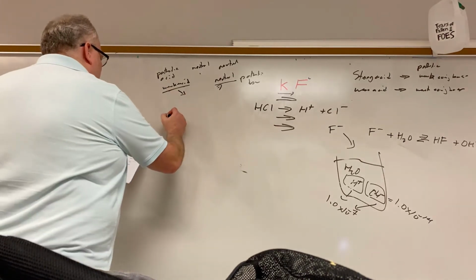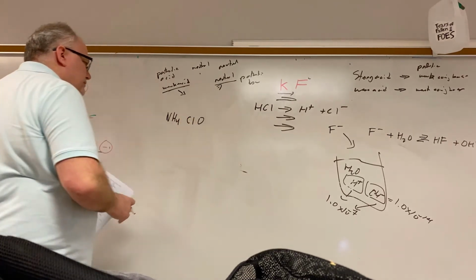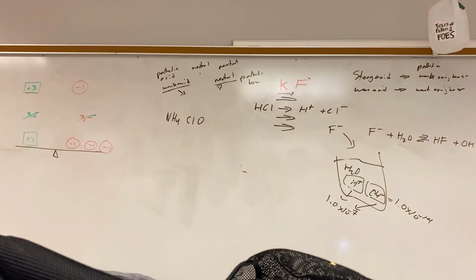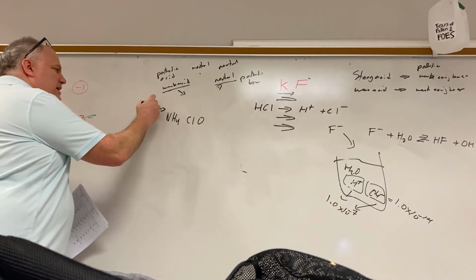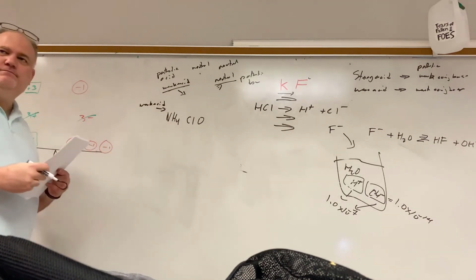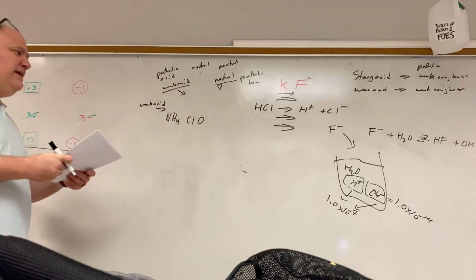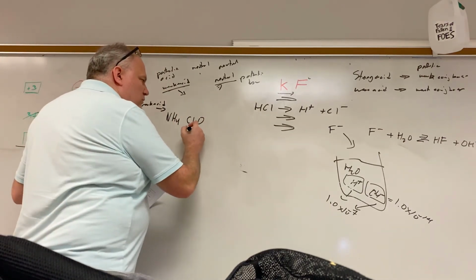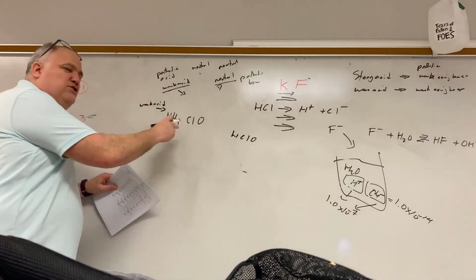So let's do this one: NH4ClO. Now, you're going to get really good at doing these by just looking at them. Didn't we just do NH4+, and don't we realize that this is a weak acid? It's a weak acid. ClO-, only if HClO is a strong acid will that make this pathetic and neutral.